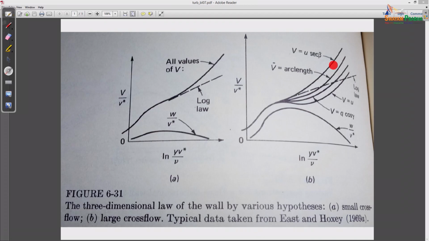So this one is where we consider V as U sec beta. This is the arc length. This one is the Q cos gamma, and this is V equal to U. So that's where this becomes different. Okay, so that's that, and I wanted to just show this plot here.